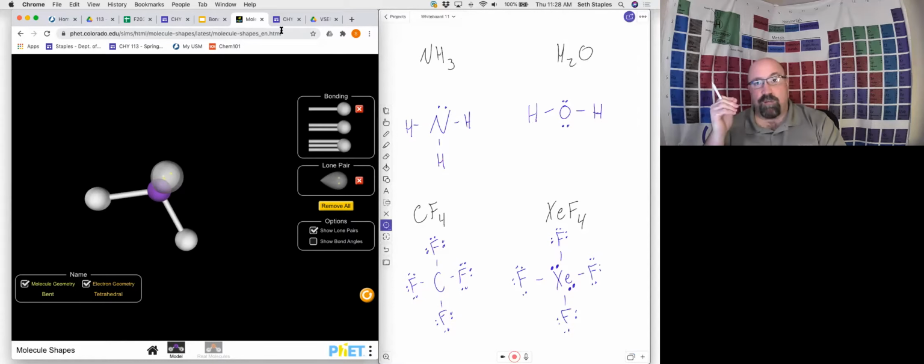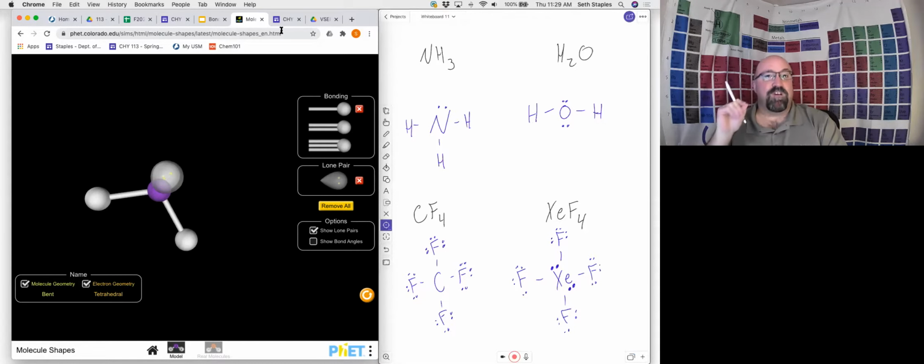The electron geometry on all 3 of these is identical. However, because we have no lone pairs on carbon tetrafluoride, 1 lone pair on ammonia, NH3, 2 lone pairs on our central atom for water, that's going to make the molecular geometry of all 3 of those very different from each other.